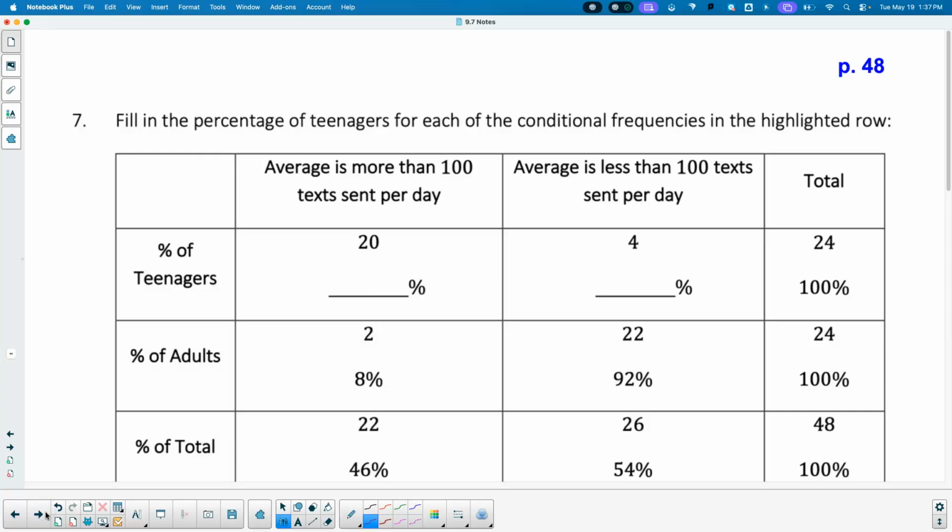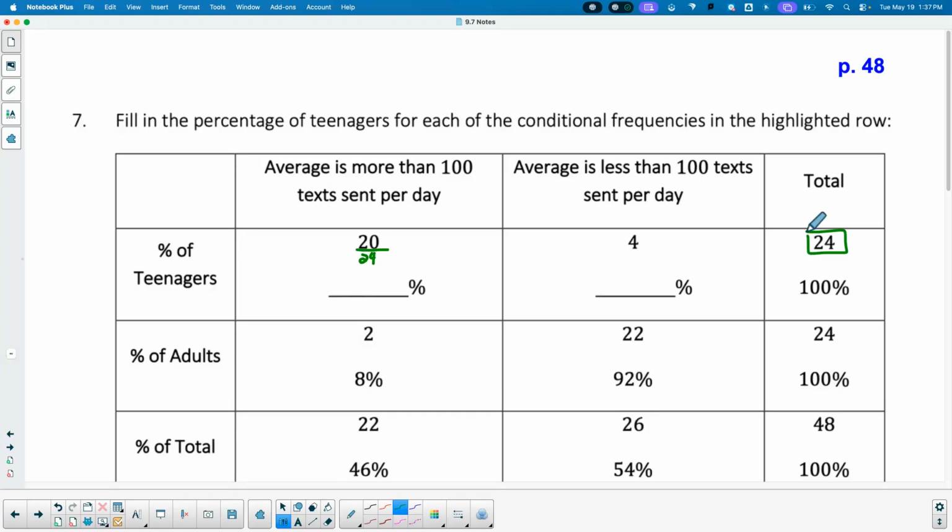Okay? So this was what we had. Okay, so this was that table that we just did. Okay? So now what we're going to do, because it's of the rows, is take this number 20 here and divide it by 24. That's this number right there. So what is 20 divided by 24? 83.